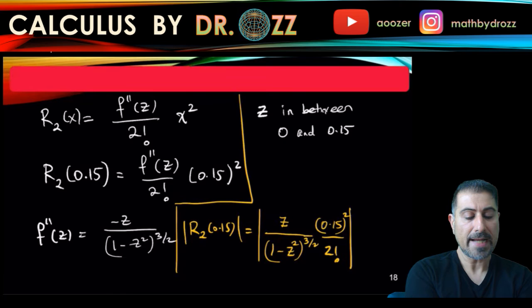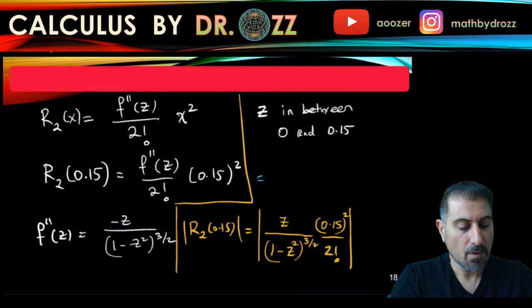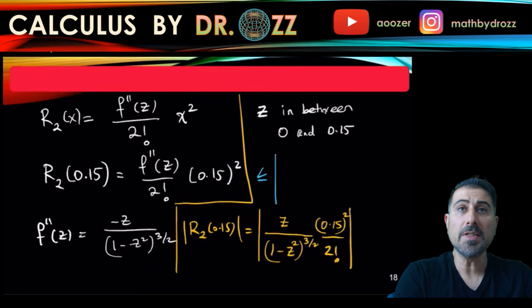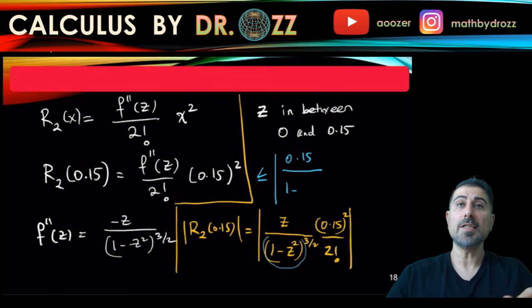So to make this maximum, I should probably majorize this by keeping z to be the maximum in the top, right? And in the bottom, I should take z to be 0.15, because if I take z to be 0 or anything less than 0.15, then this number is going to be bigger. I want to keep the denominator smaller, okay?